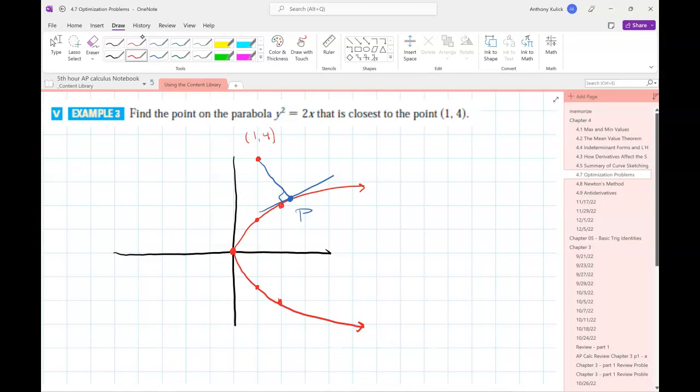We're minimizing the distance from 1, 4 to P. You guys buy that? I guess I'll call this guy something here. I don't know, just call him A. So we want to minimize AP. How to find the distance from A to P?